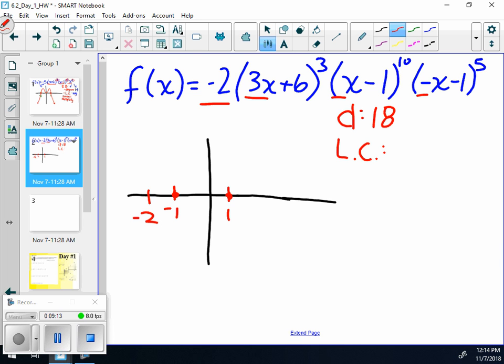It would be the latter, whether it's positive or negative. So here we have a negative number. A -2 is a negative number, times a positive number cubed, which is a positive number, times another positive number to the 10th power, which is still a positive number, times a negative number to the 5th power, which is a negative number. So we have a negative multiplied by 2 positives multiplied by a negative. So is our leading coefficient going to be positive or negative? It's going to be positive.